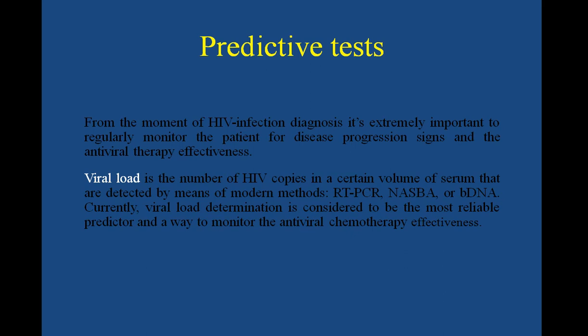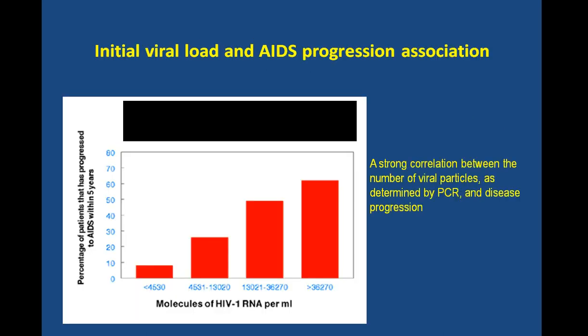Viral load is the number of HIV copies in a certain volume of serum that are detected by means of modern methods. Currently, viral load determination is considered to be the most reliable predictor and a way to monitor antiviral chemotherapy effectiveness. You see a strong correlation between the number of viral particles as determined by PCR and disease progression.